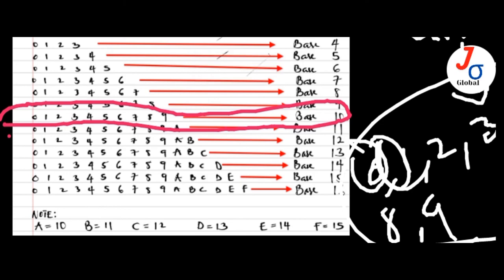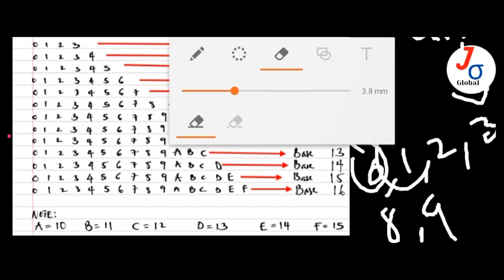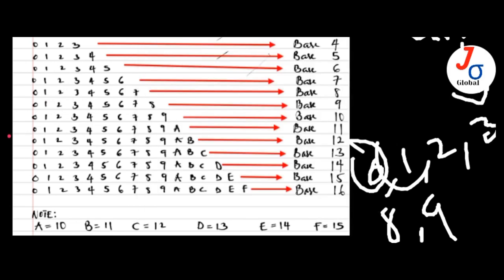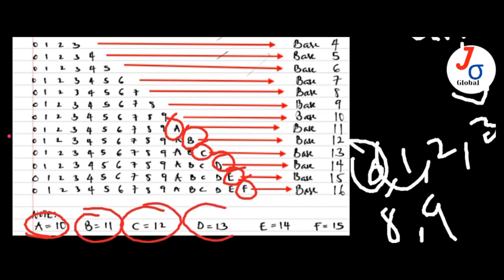You see, beyond base 10, we begin to use A, B, C, D, E, F so that we don't confuse them with the other digits. Note that A equals 10, B equals 11, C equals 12, D equals 13, E equals 14, F equals 15. So in base 16, we have A, B, C, D, E, and F.